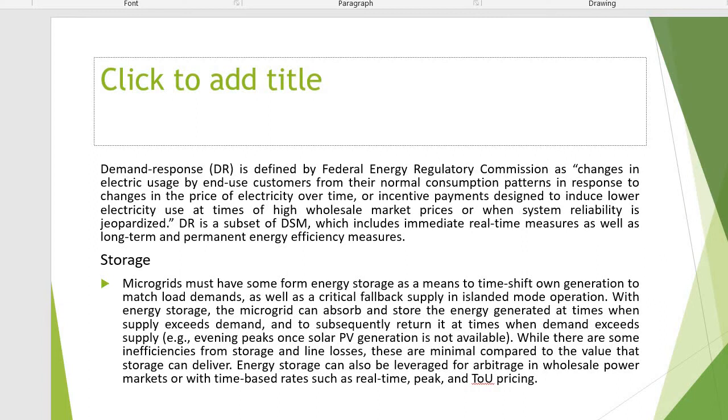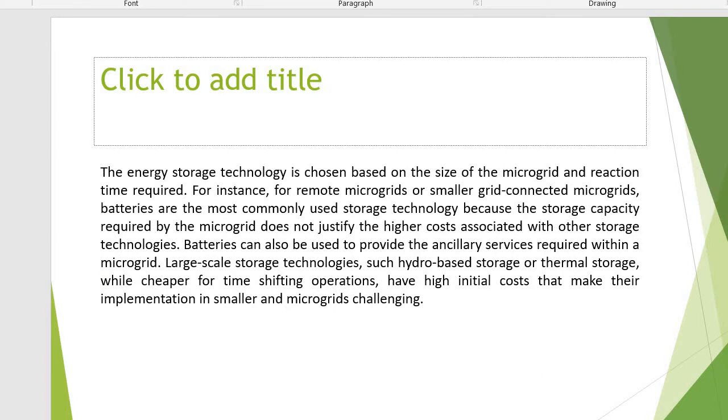Energy storage can also be leveraged for arbitrage in wholesale power markets and with time-based rates such as real-time pricing, peak pricing, or time of use pricing. The energy storage technology is chosen based on the size of the microgrid and the reaction time required. For instance, for remote microgrids or smaller grids, batteries are the most commonly used storage devices because the storage capacity required by the microgrid does not justify the higher costs associated with the other storage technologies.